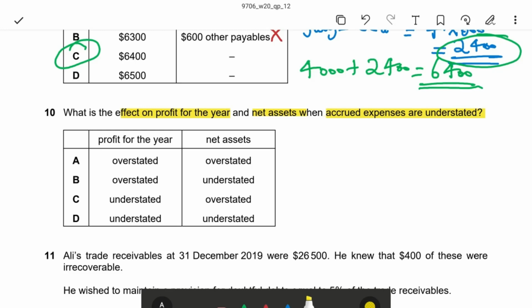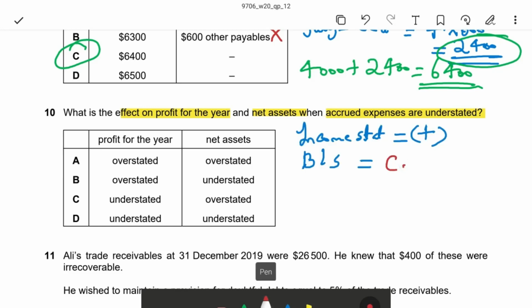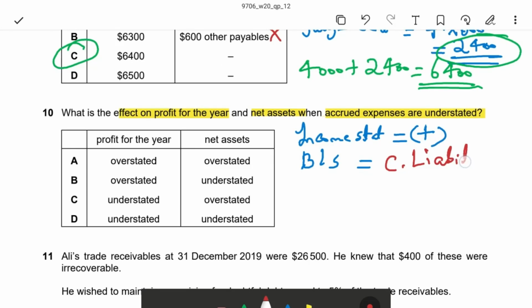In the income statement, we will add the accrued expense. In the balance sheet, for accrued expense, the expense amount is not paid. That is the current liability.